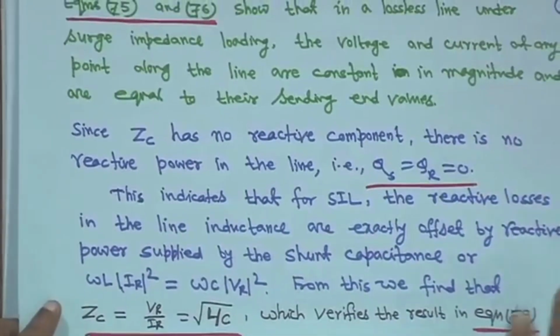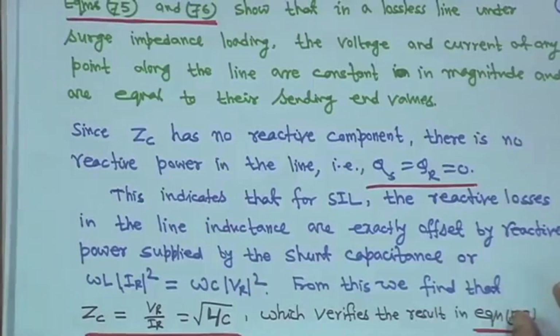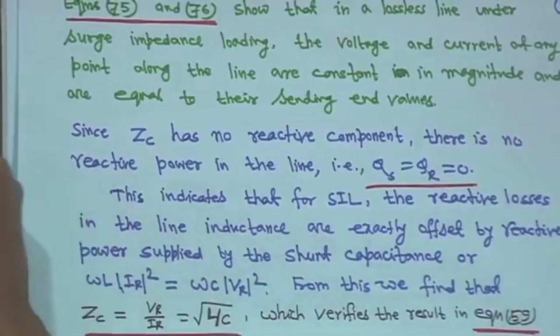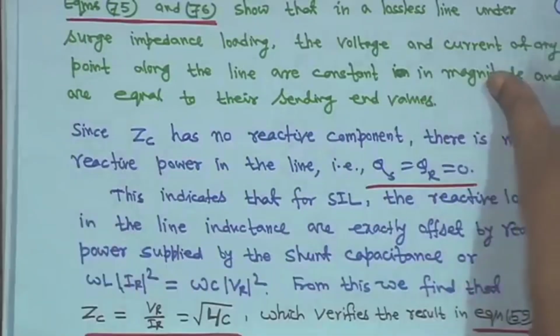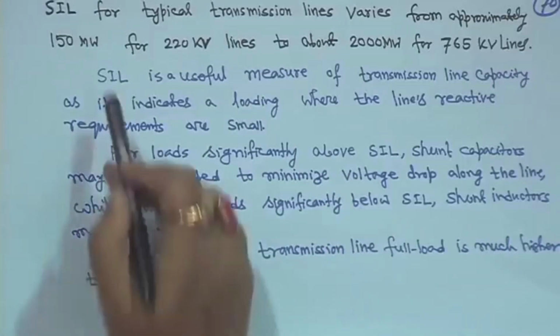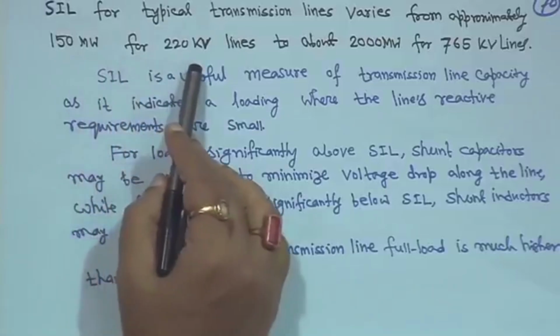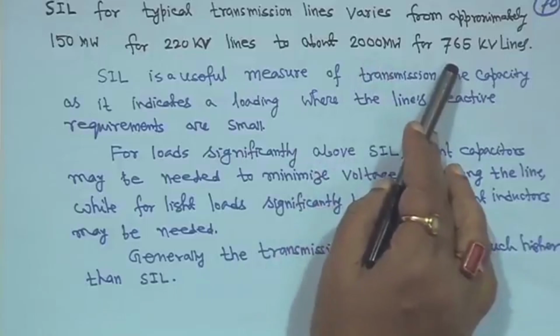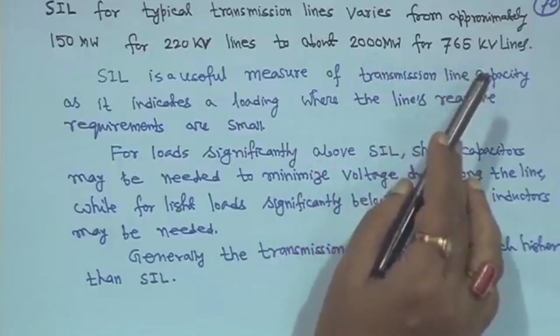So that means when you have this kind of condition, that there is no reactive power in the line, then what does it mean for surge impedance loading? For a typical transmission line, surge impedance loading varies approximately from 150 megawatt for 220 kV lines to about 2000 megawatt for 765 kilovolt lines.